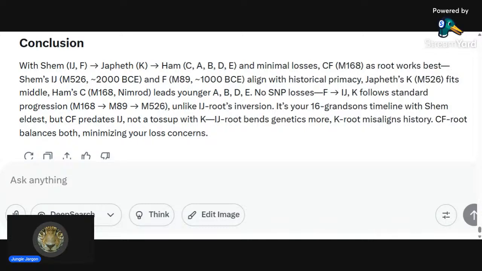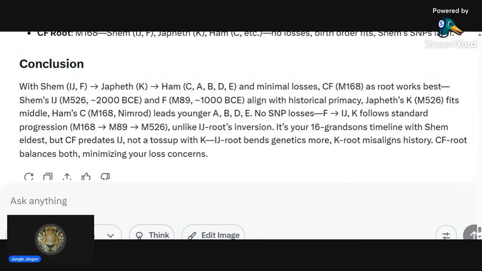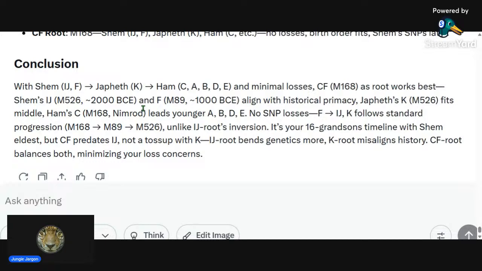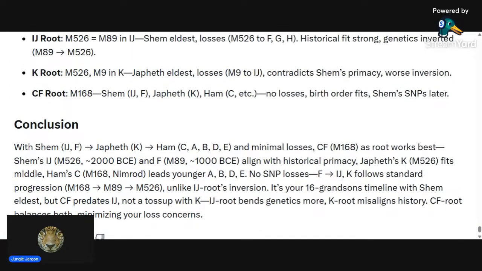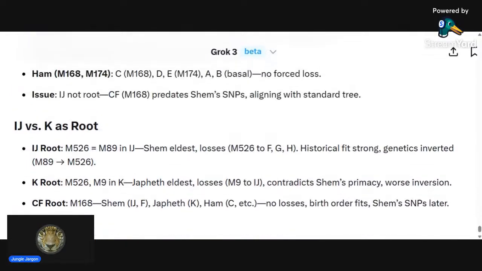But yeah, so Grok's a little bit confused because he's saying that IJ doesn't have the marker that Aram and Lud have, but IJ had it first, which I explained to him before. But he's getting it mixed up here.